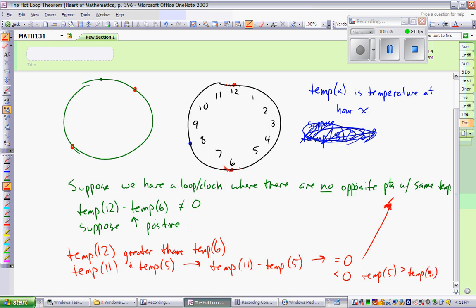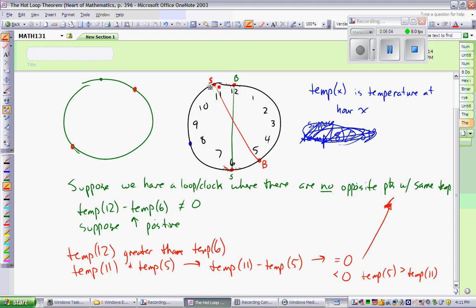So that means the temperature here is greater than the temperature here. If you think about it, here this is bigger, so this is smaller. But then all of a sudden here, this temperature is smaller and this is bigger.